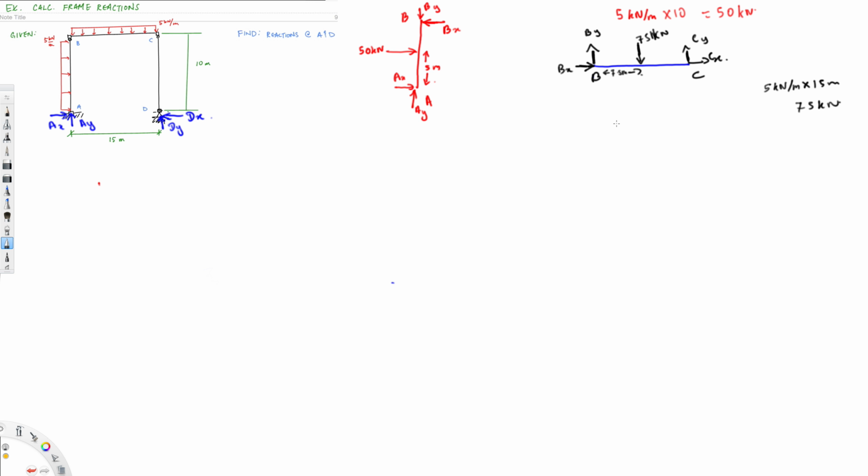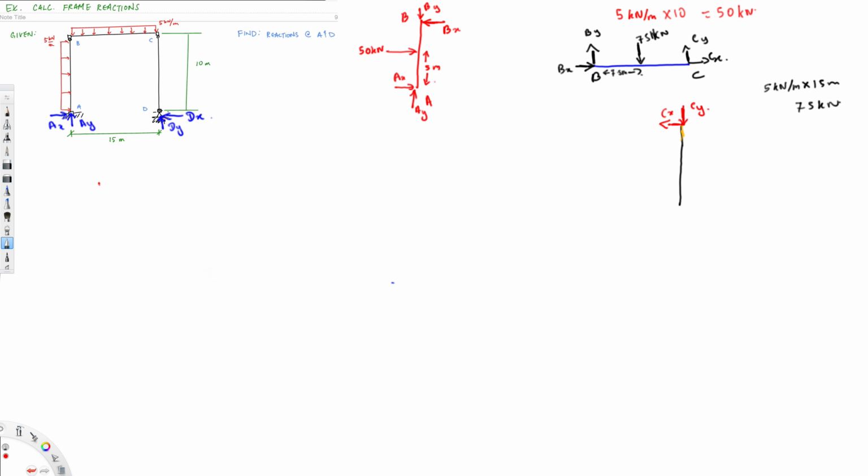It's DC. So if I take DC, since we have CX in this direction, I have to take the opposite direction. So CX should be facing this side, and CY should be facing down. And that's it.